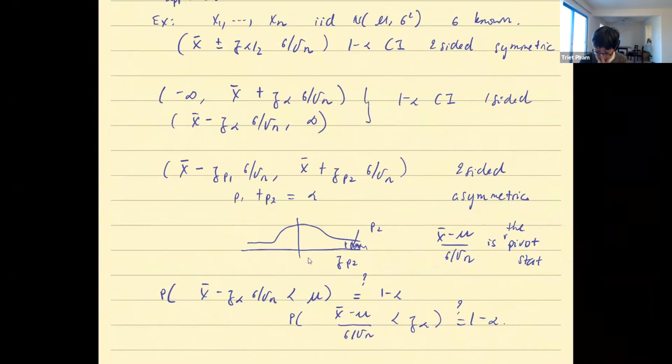This guy breaks it off at alpha over 2, alpha over 2. This guy breaks it off at alpha below. This guy breaks it off at alpha above, and this guy breaks it off at P1, P2, something like that. So that's why they all come from the same approach.